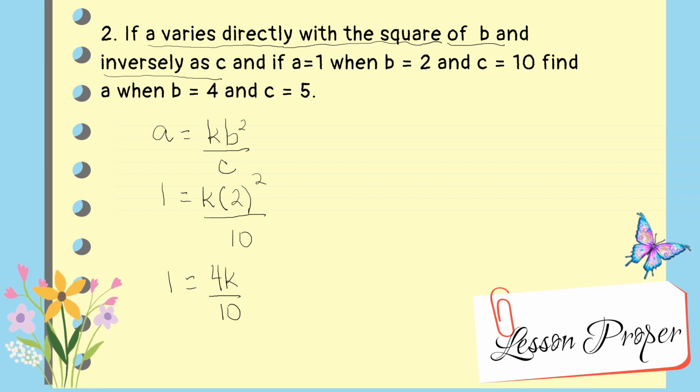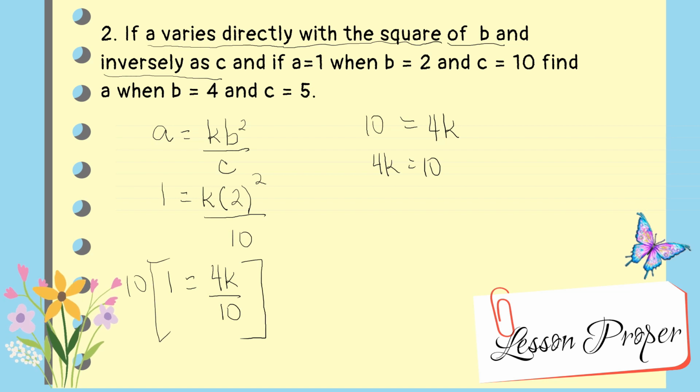So we transpose 10 here, or we multiply the whole equation by 10. So 10 times 1 is 10 equals 10 times 4k divided by 10 is 4k. So this is the same as 4k equals 10.